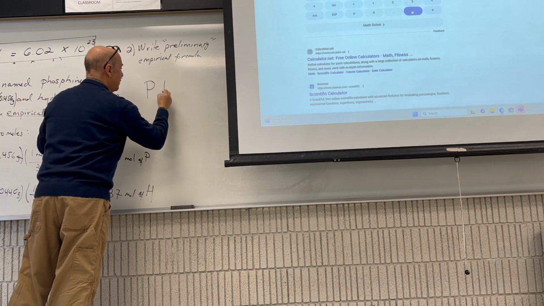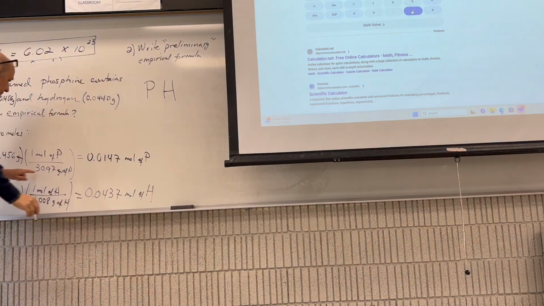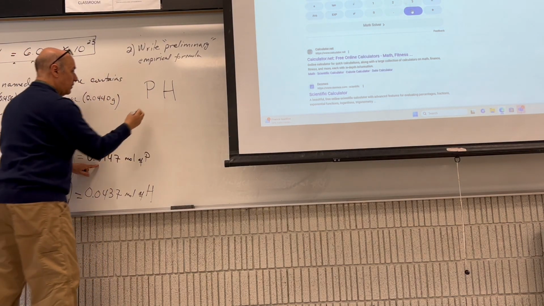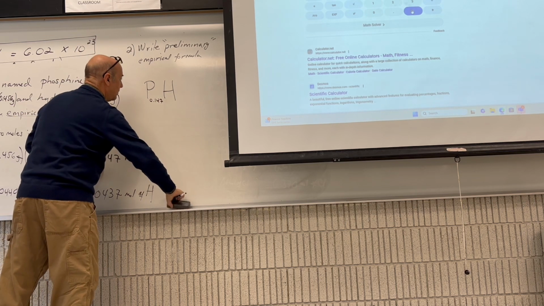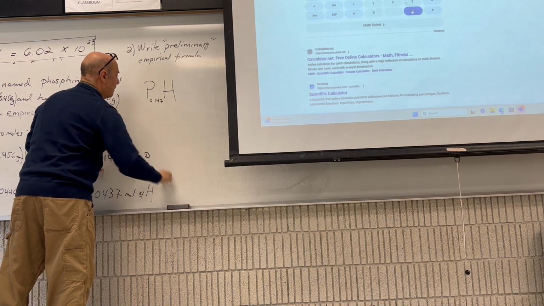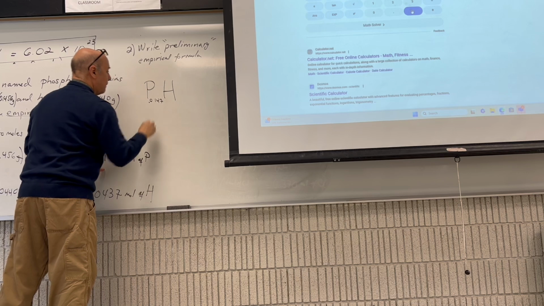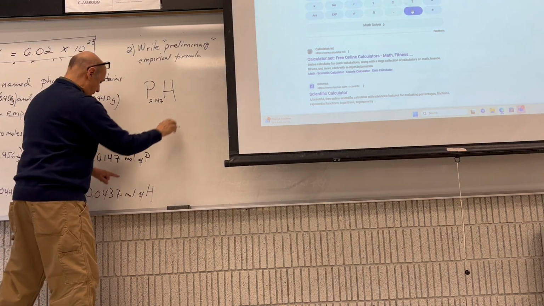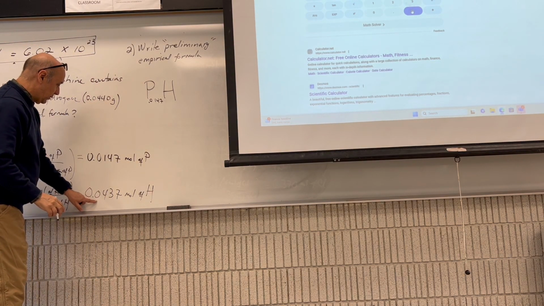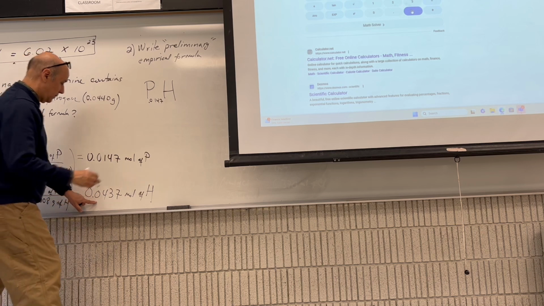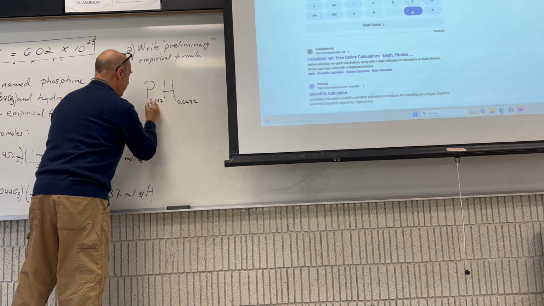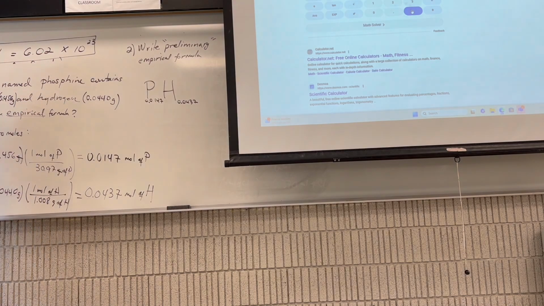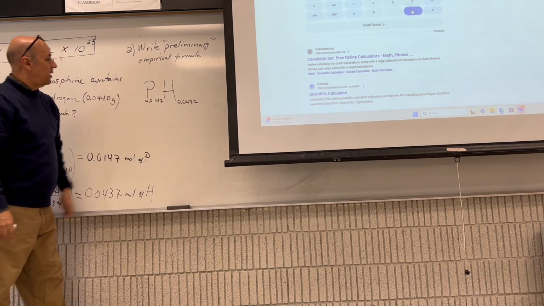So the formula is 0.0147 and 0.0437. That's the preliminary empirical formula.